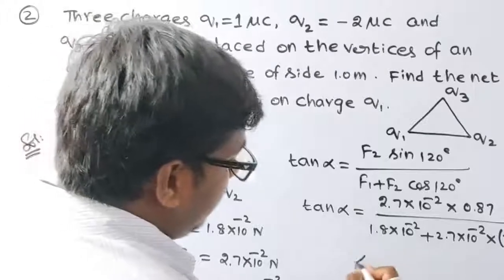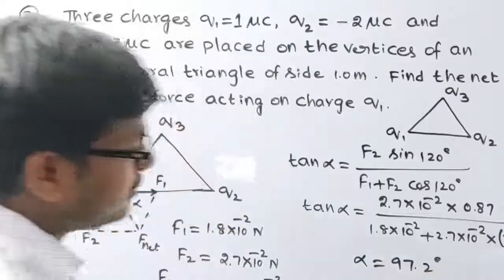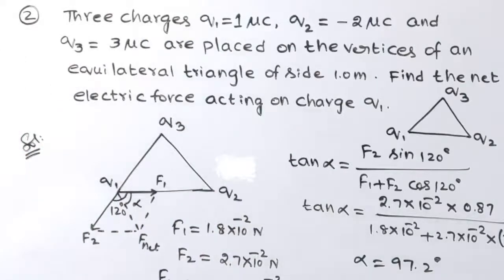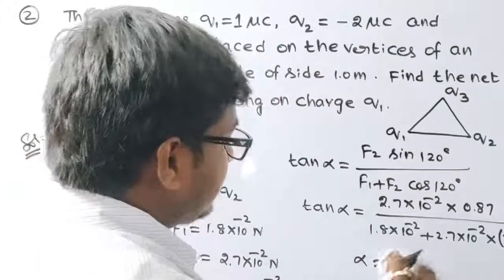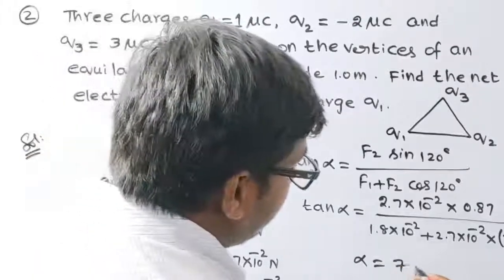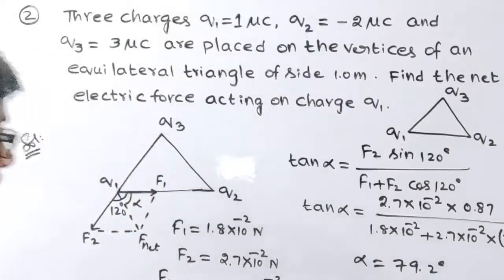so alpha is equal to 79.2 degrees. This is the angle, alpha equal to 79.2.